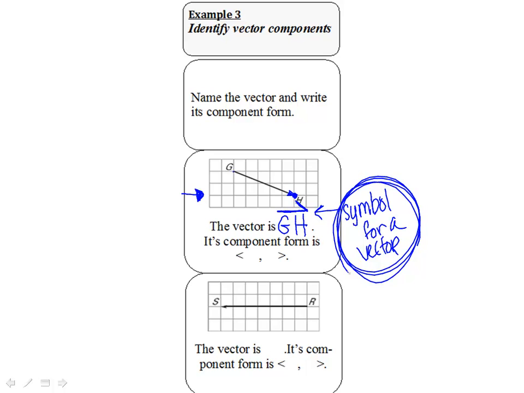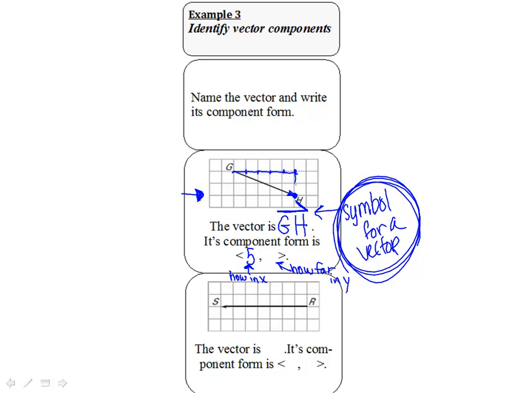Its component form is, okay, so this first number is how far in the x direction, and the second number is how far in the y direction. So from our starting point, in the x direction I go 1, 2, 3, 4, 5 over. So my 5 is for the x.